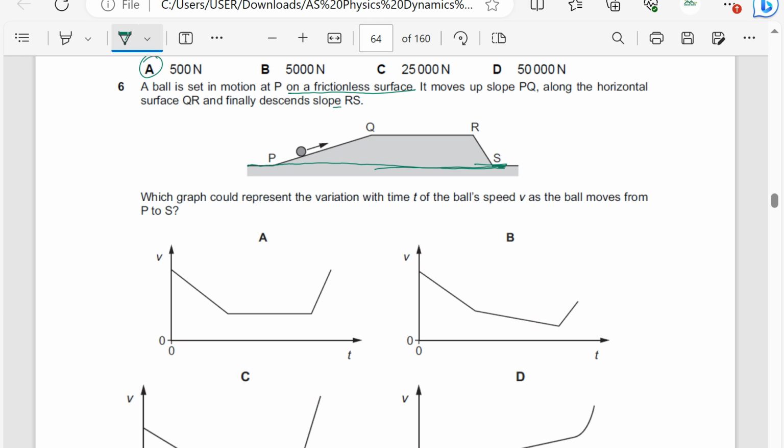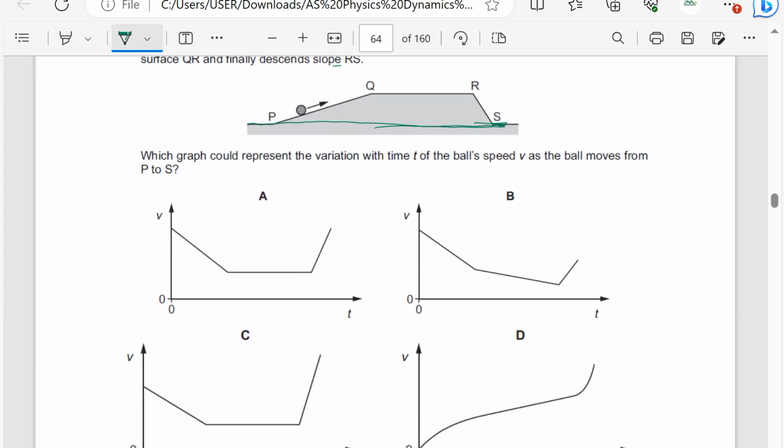So let's first eliminate some graphs. From P to Q, the speed must be decreasing. So that means we eliminate D. The speed is decreasing because it's moving against gravity.